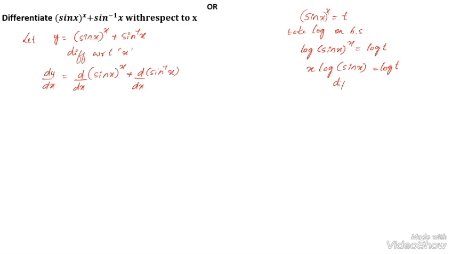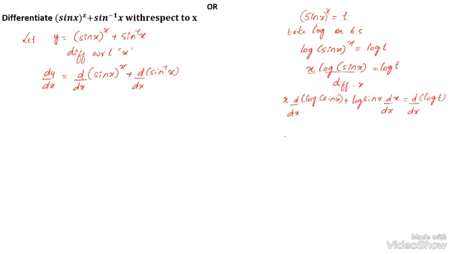So differentiate with respect to x. Taking this as a product rule, first function constant, differentiating the second function d by dx of log sin x, plus log sin x into d by dx of x is equal to d by dx of log t.